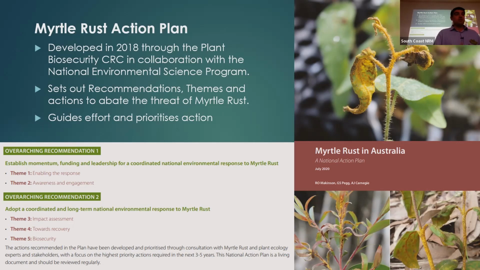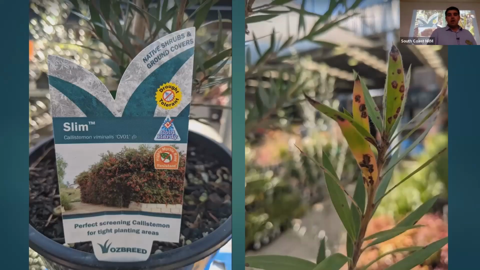And recently we've just funded a project to be able to go out and do a stock take of our botanical collections to understand exactly what myrtle rust susceptible species we have and where the gaps are for further seed collection, seed banking, and establishing of further living collections.